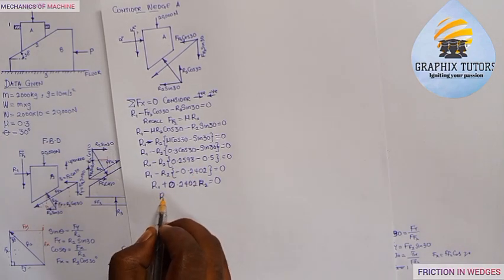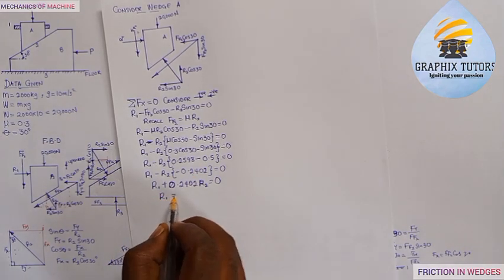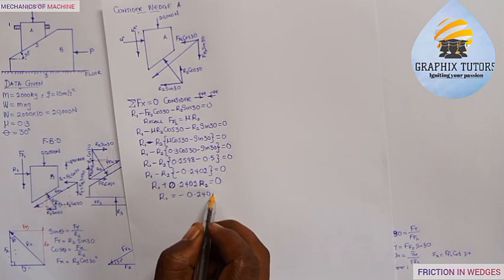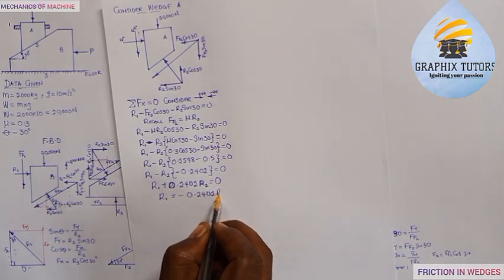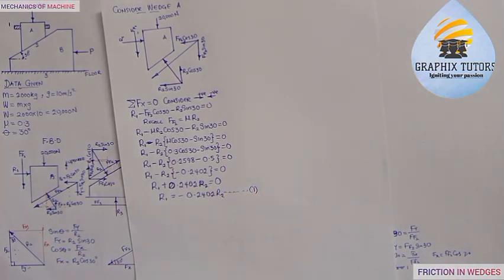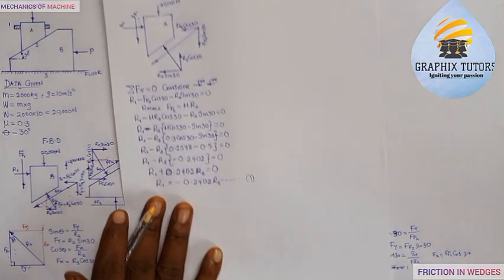So R1 will simply be equal to minus 0.2402 R2. I'll term this Equation 1. So we've done the summation of Fx.